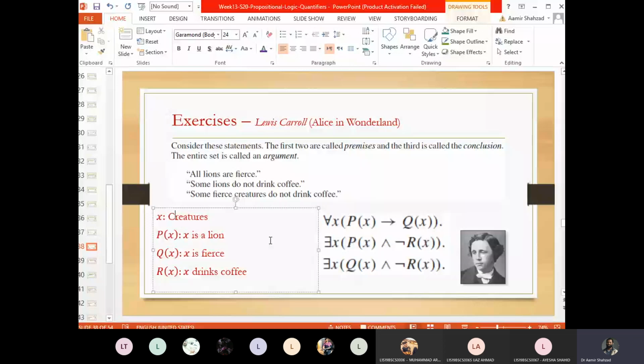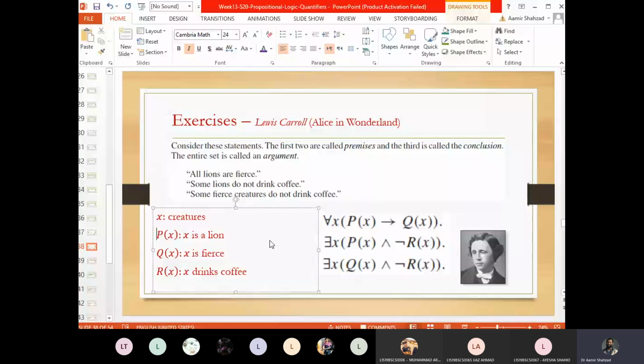So x is a creature. We define p of x: the creature x is a lion. If the creature is fierce, we call it q of x. And if this creature drinks coffee, we call it r of x. So we have defined our predicates.